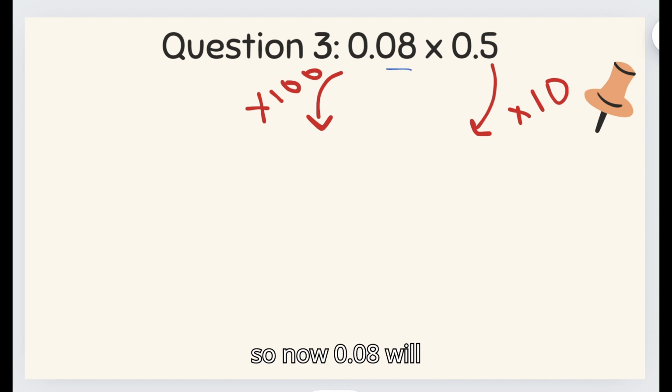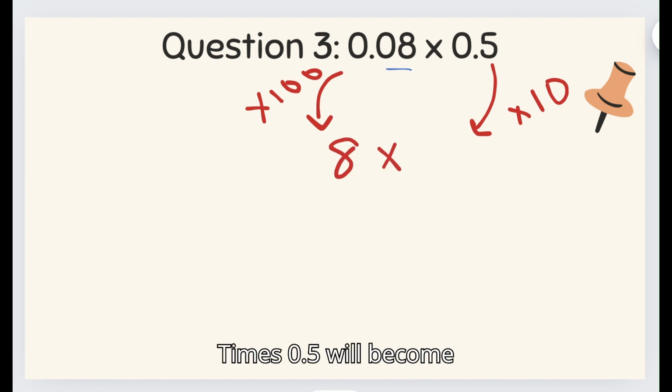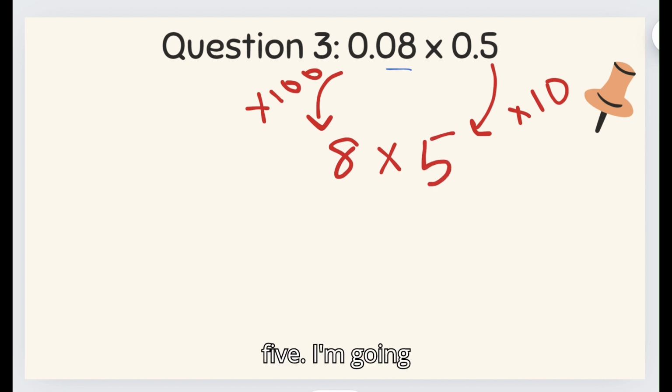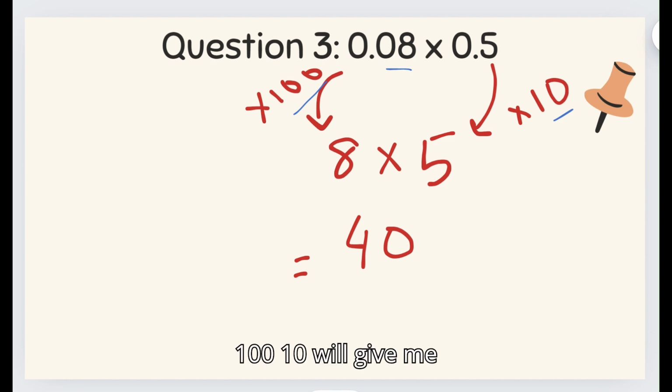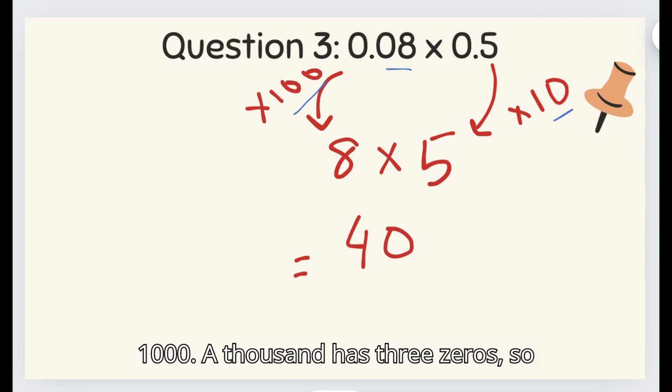So now 0.08 will become 8, and 0.5 will become 5. Now I'm going to solve 8 times 5, which gives me 40. And then I have 2 zeros over here, 1 zero over here. 100 times 10 will give me 1,000.